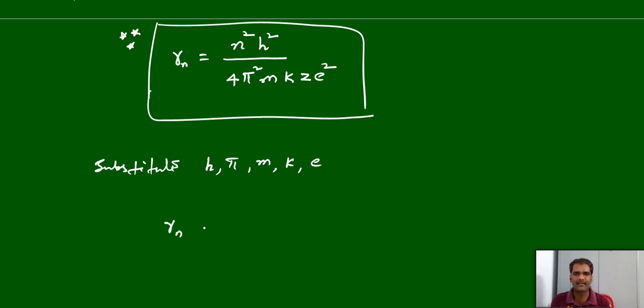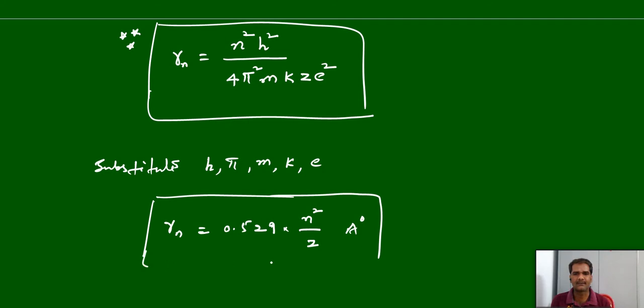Finally you will get radius is equal to 0.529 into n square by z in angstroms. So after simplification, by substituting all the known values in the given radius equation, we get the radius value 0.529 into n square by z angstroms, and this is the radius of an orbit.